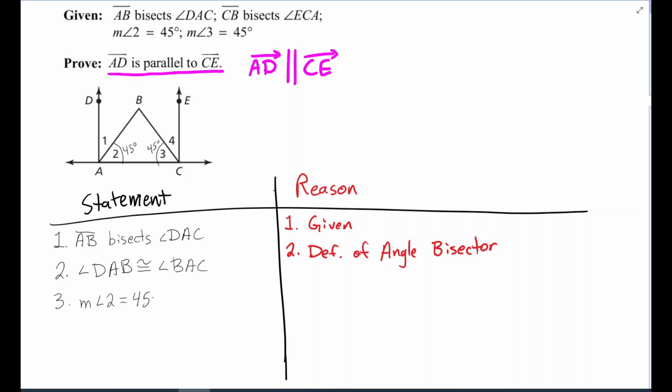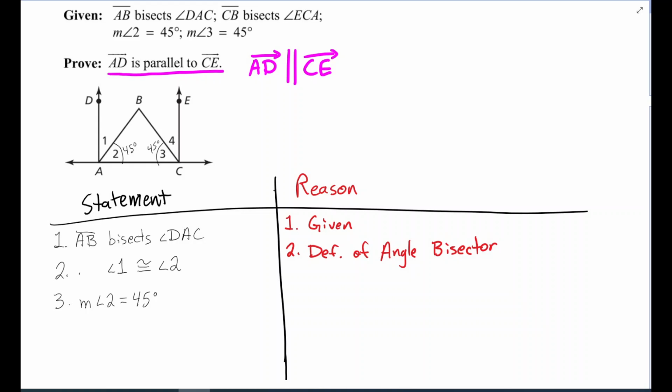By the way, this is my own mistake. I could have said BAC is angle 2 to make this simpler, and the angle DAB is really angle 1. So we'll make that simple. Sorry, I'll keep moving forward with the numbers.